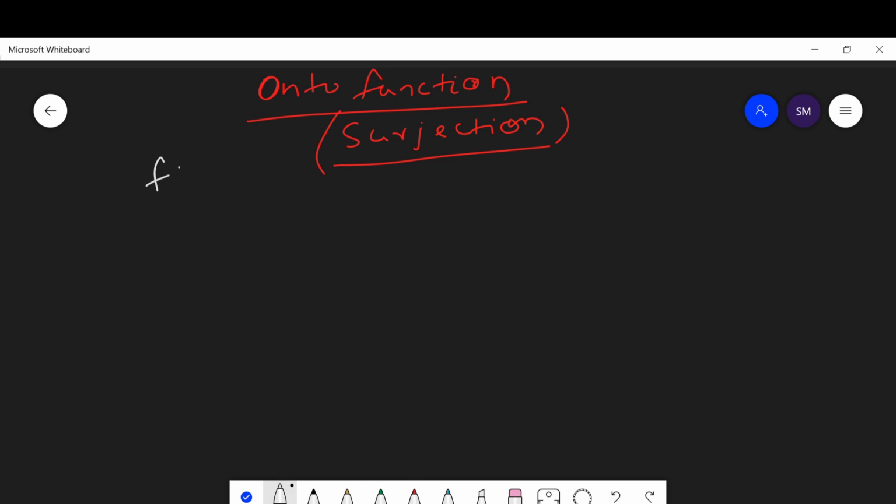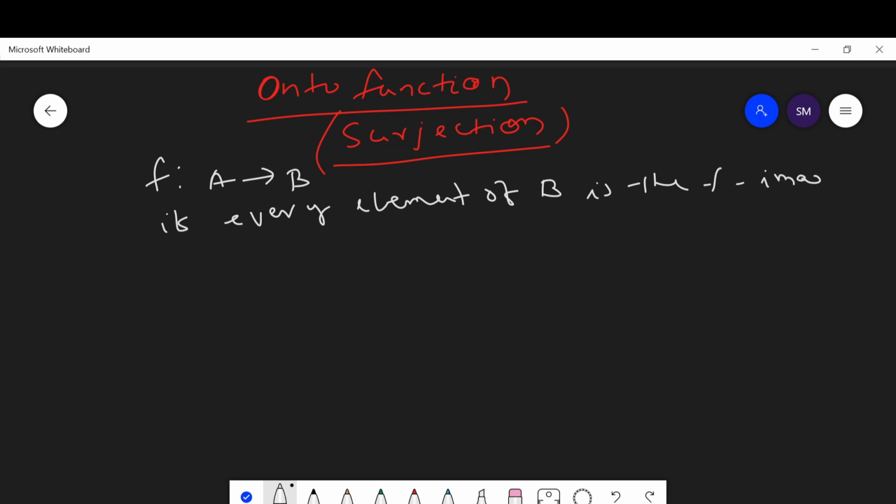A function f from A to B is called an onto function if every element of B is the f image of some element of A, which means f(A) is equal to B.